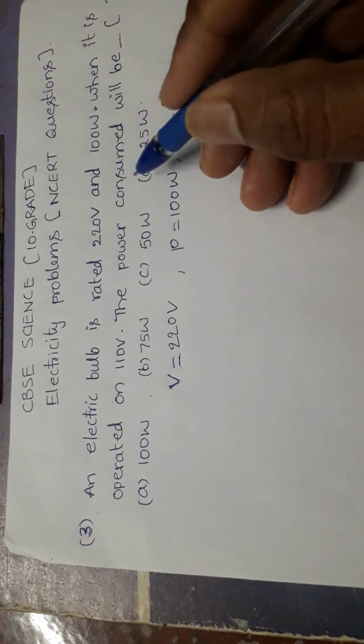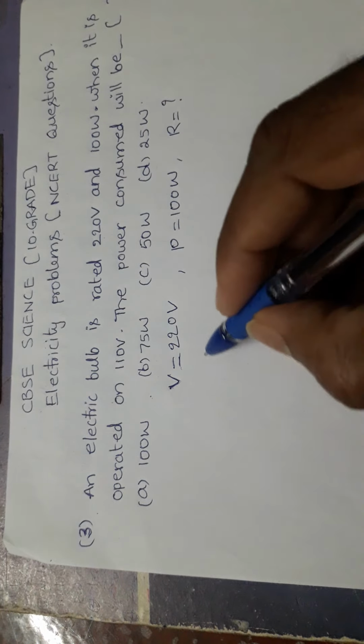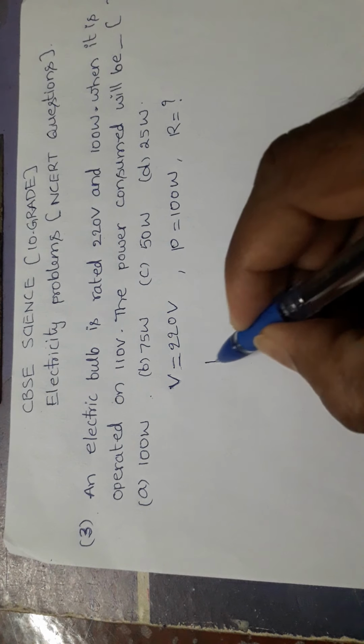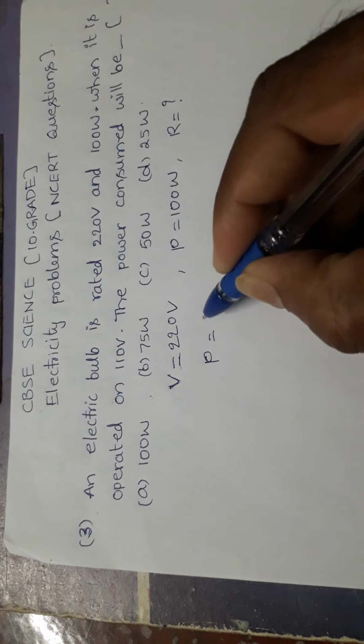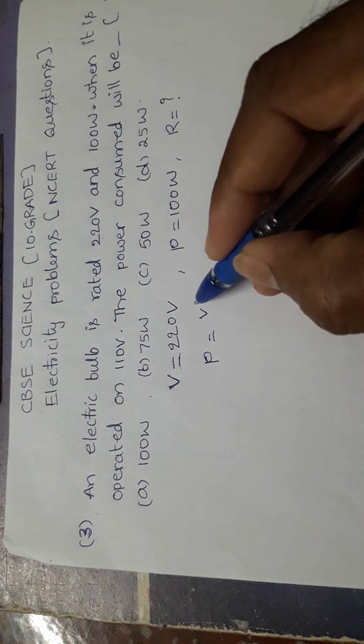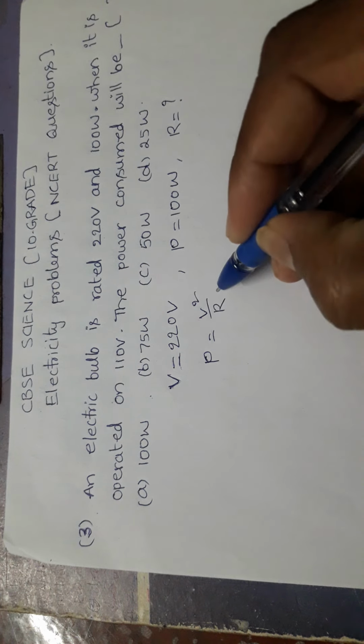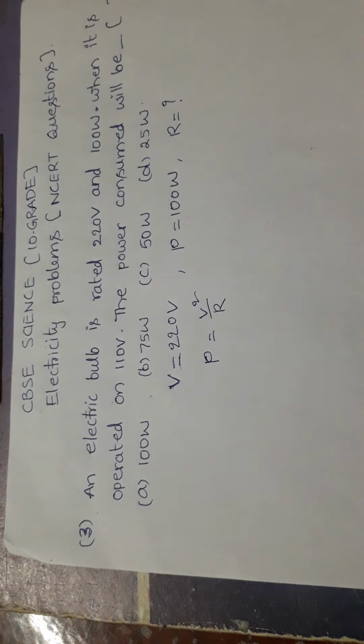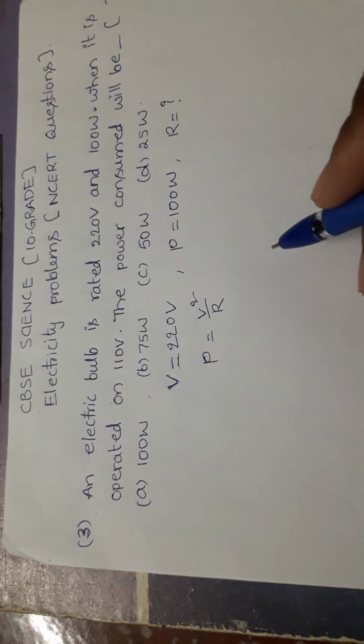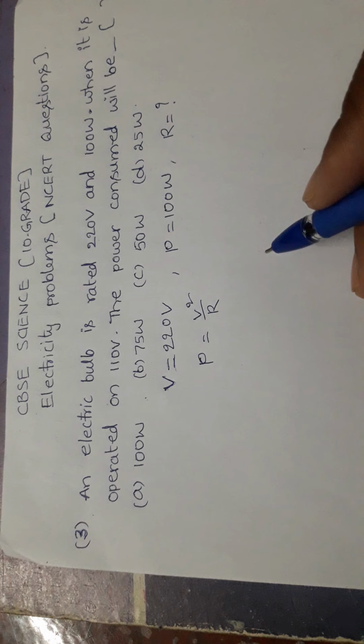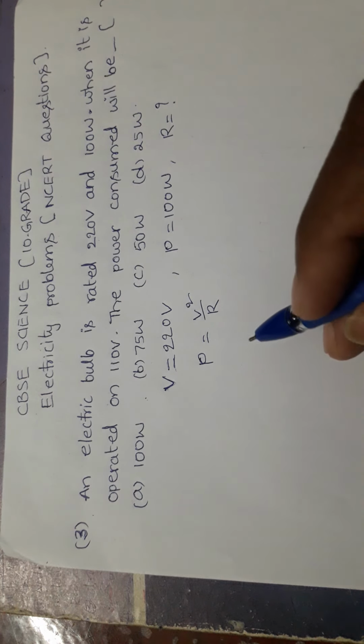So the power consumed: already you know the power formula, P is equal to V square by R. Already in the second problem you saw many power formulas. P is equal to VI.